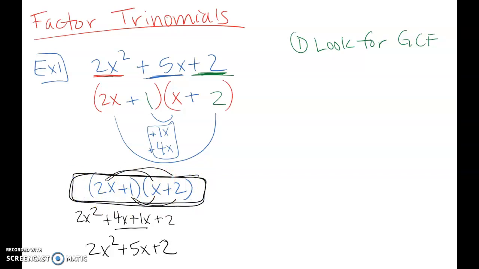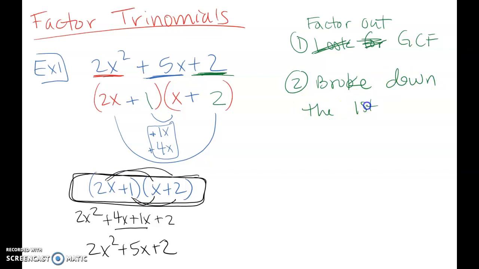So what did we do? We looked for the greatest common factor, or maybe we should change this to say factor out the greatest common factor. Then step 2, we broke down the first and last term, and then we check for the middle term.